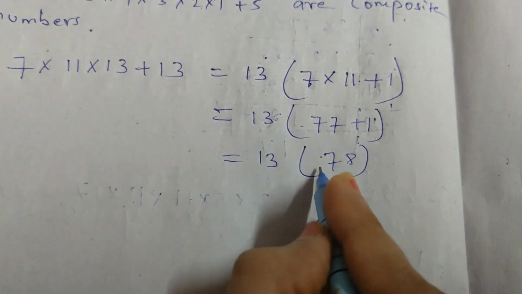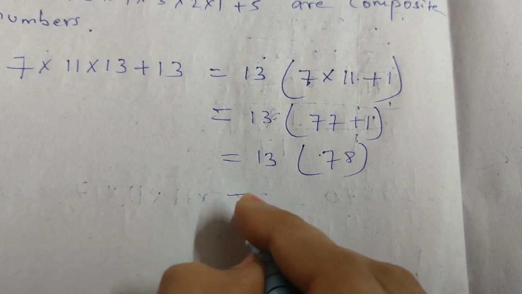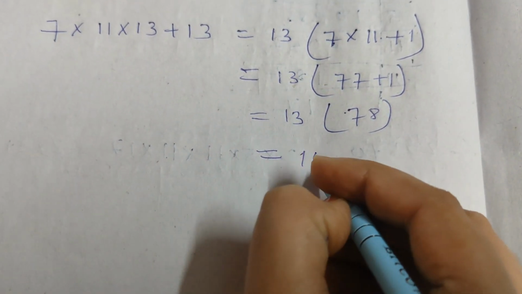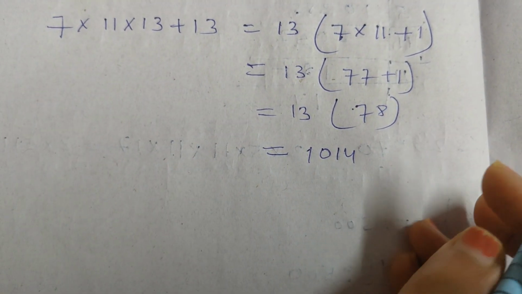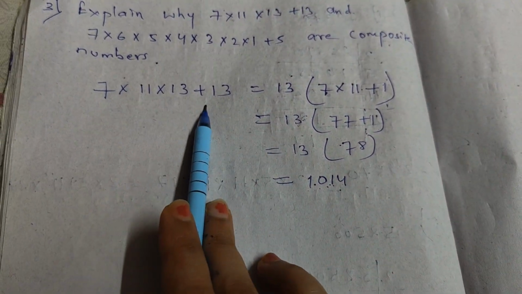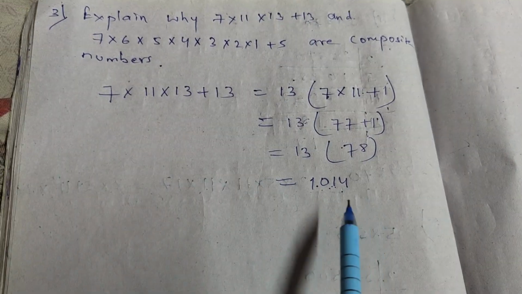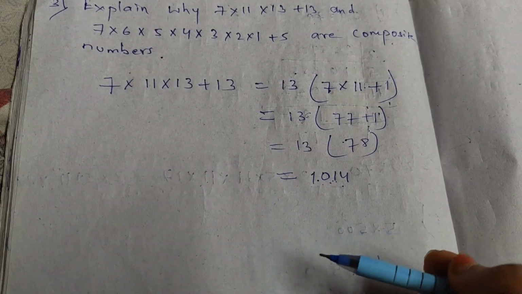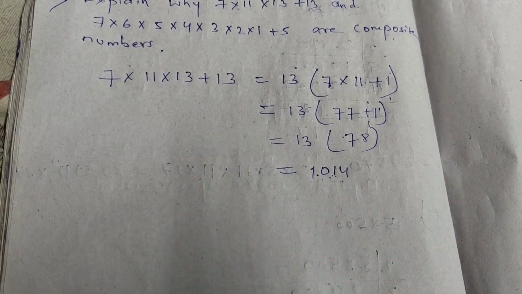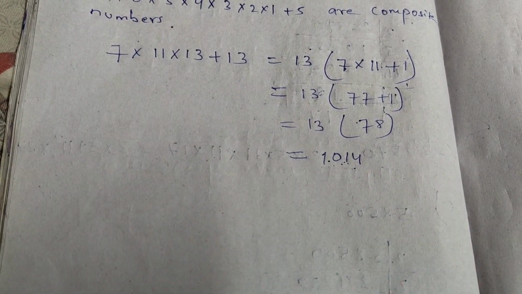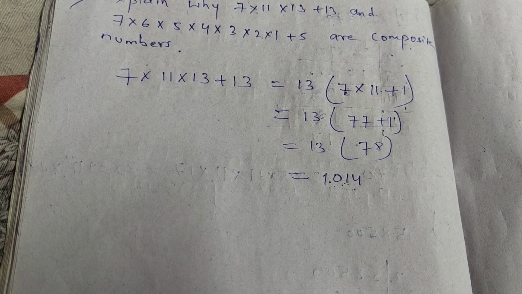If we multiply 78 with 13, we get 1014. After solving this, we get the number 1014. Now we divide this number to find its factors, so that we get to know that this number is a composite number.